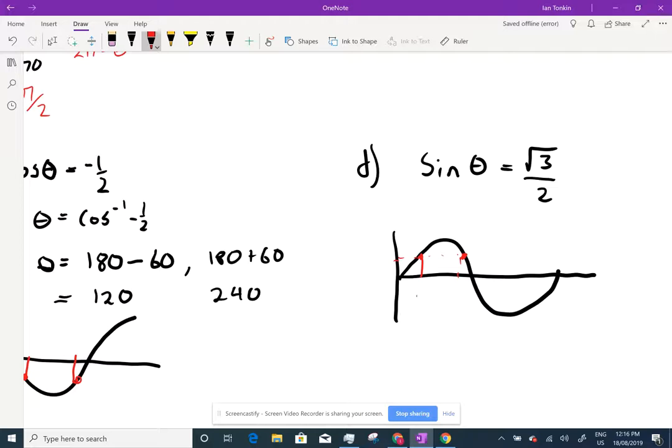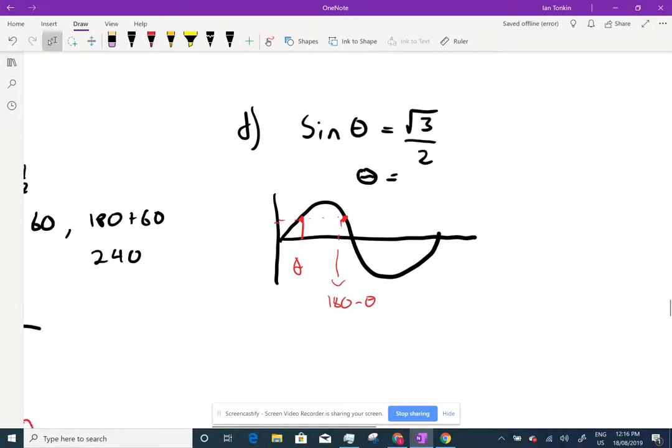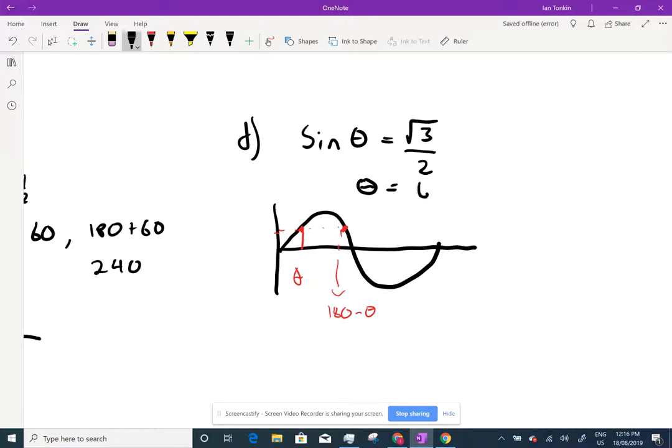Well, this is the acute angle, and this is 180 minus the acute angle. I could use my calculator, but it's better if I just go down here to this little triangle: root 3 on 2, it's 60. Oh, wasn't that lucky? So we get 60 and 180 minus 60.